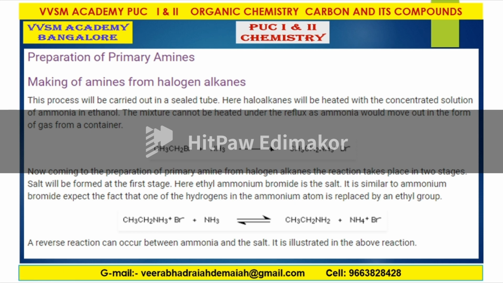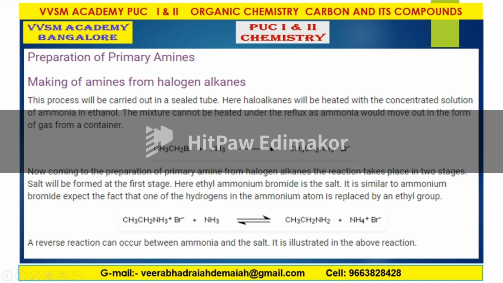It is similar to ammonium bromide, except that one of the hydrogens in the ammonium ion is replaced by an ethyl group. So, the ammonia again combines with the ethylammonium bromide and gives ethylamine and ammonium bromide.